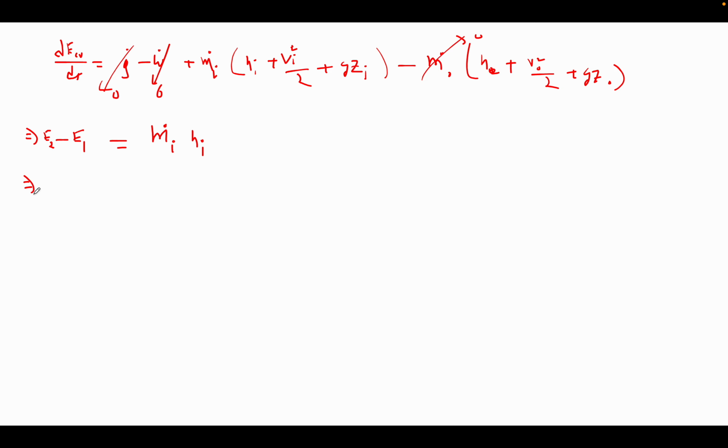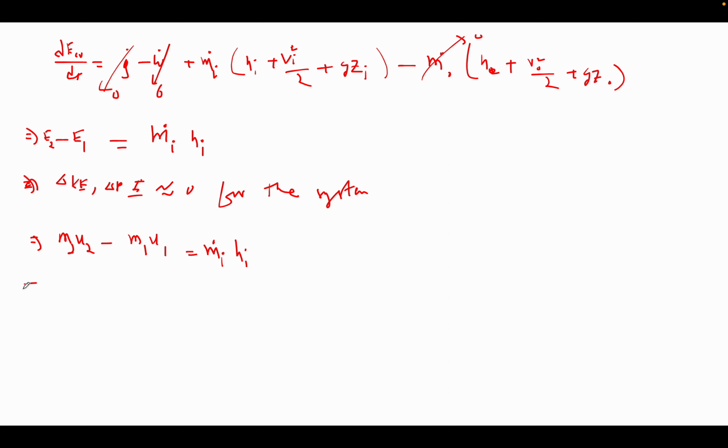Now E2 minus E1, if delta KE and delta PE are equal to 0 for the system, then the energies will be expressed in terms of internal energies only. So this equation becomes m2 u2, the final internal energy, minus m1 u1, the initial internal energy, equal to m_i dot times h_i.